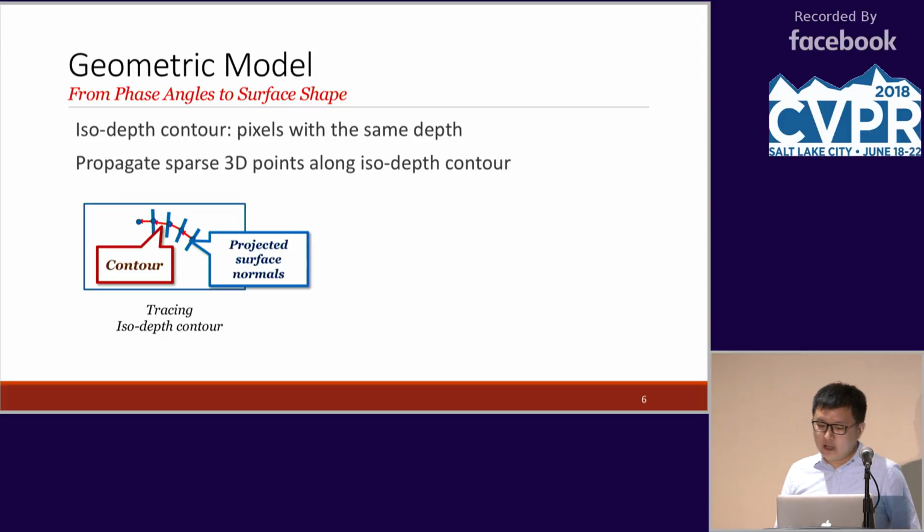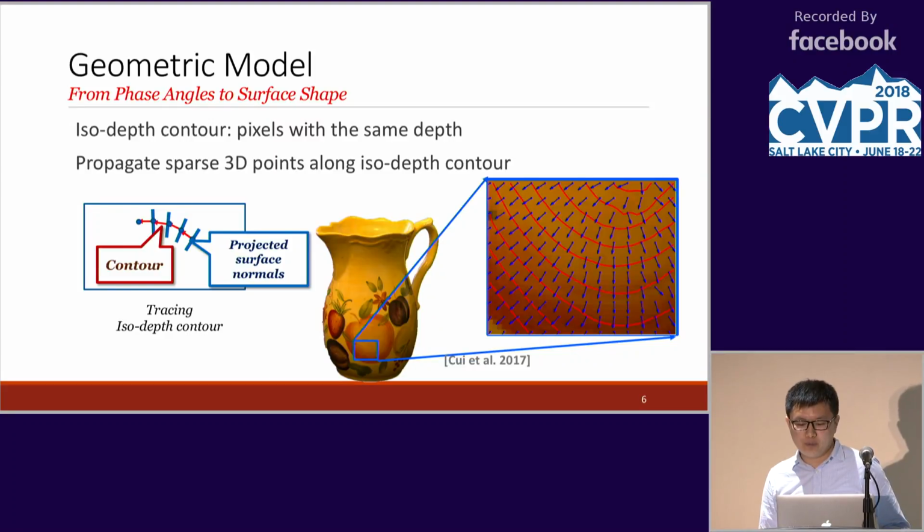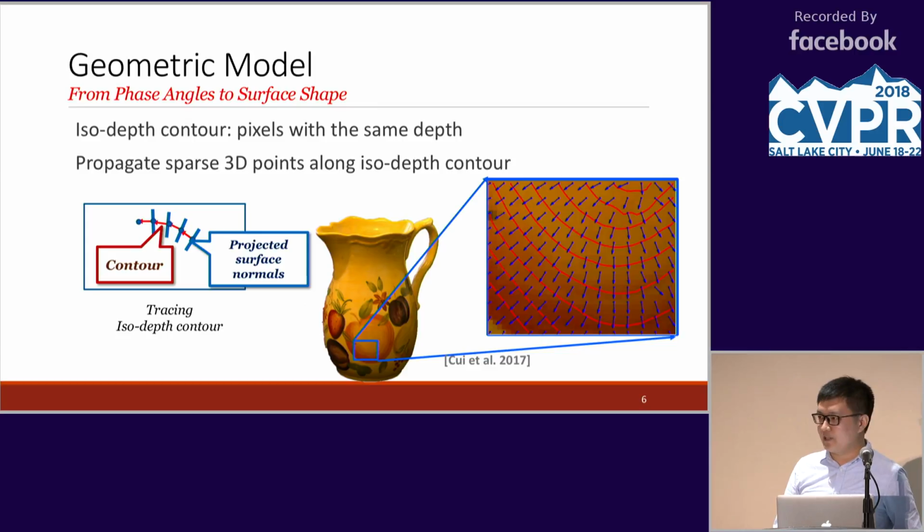The isodepth contour contains the pixels with the same depth value, so this is a very important constraint and property. As shown on the right, the blue arrows are the projected surface normals, while the red curves are the isodepth contours. We can propagate the depths of the sparse reconstructed 3D points along these isodepth contours to get a denser 3D reconstruction.